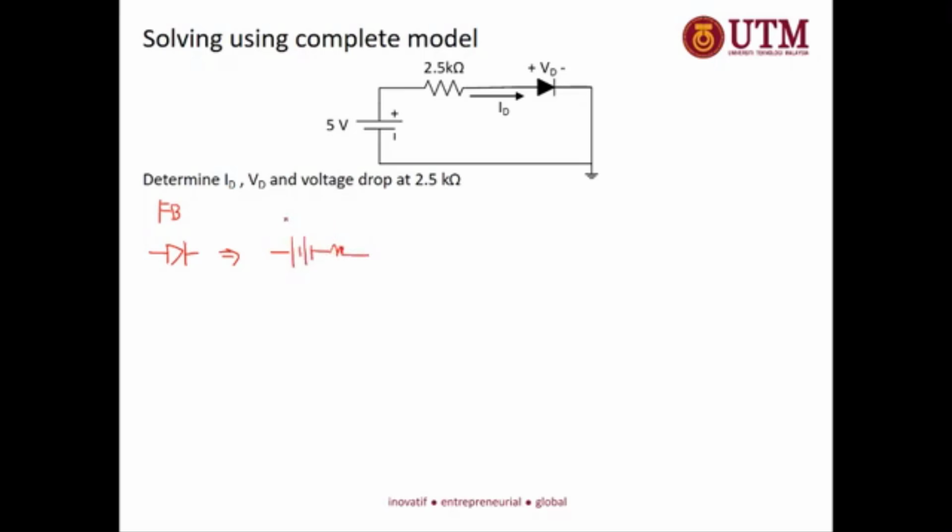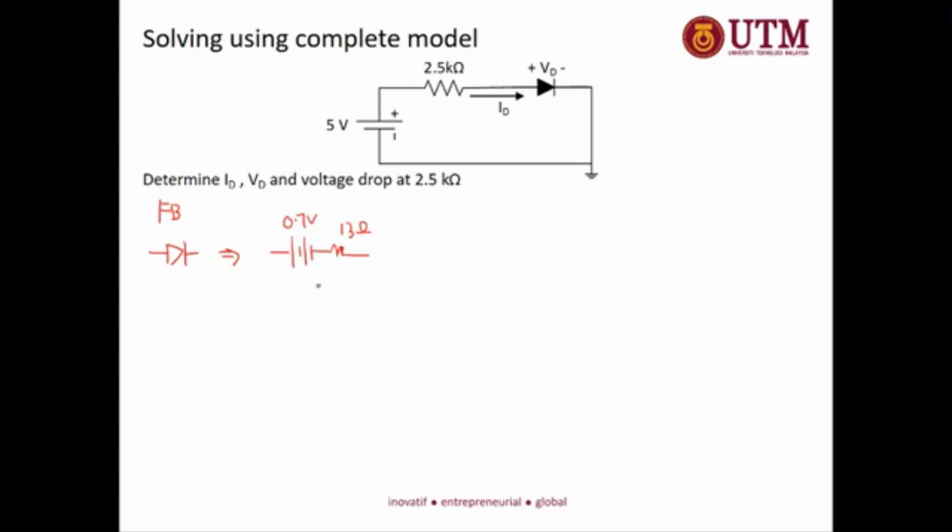If the diode is silicon, this is 0.7 volt, and the resistance is equal to the average AC resistance. Let's say we assume the average AC resistance is 13 ohm. This is quite close to what we have calculated in our previous video.